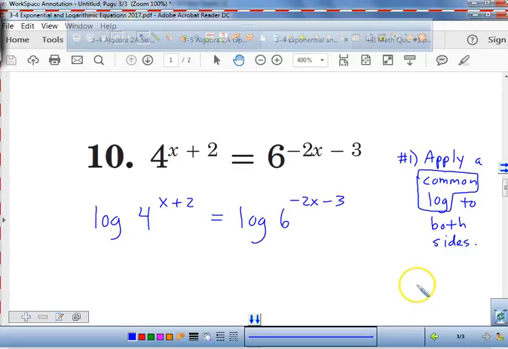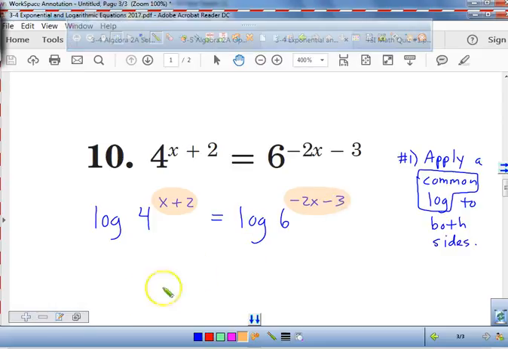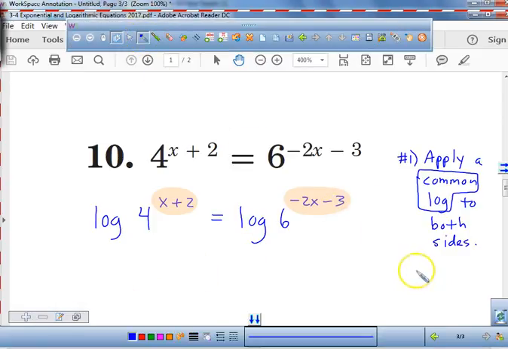Now that you've done this, if you have a highlighter or a twistable, I want you to highlight this in a particular color and this in a particular color. I'm just doing orange. All right, here we go. Step number 2.